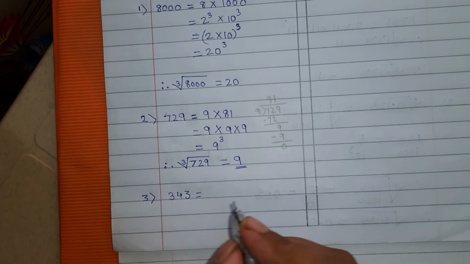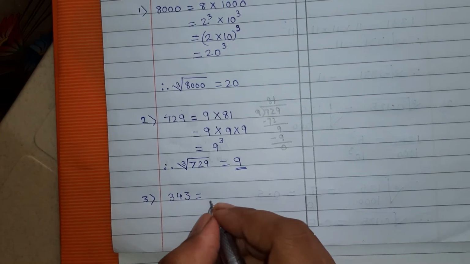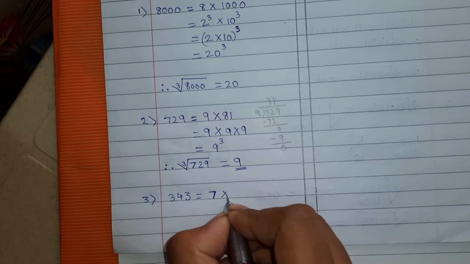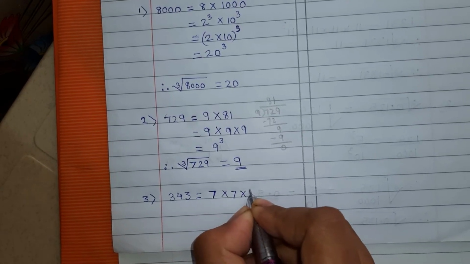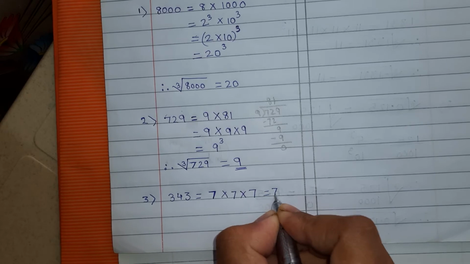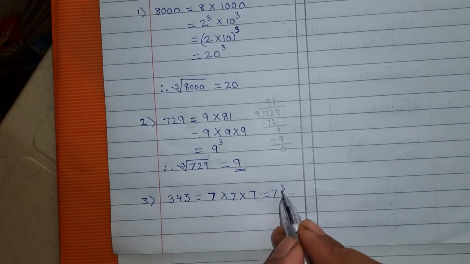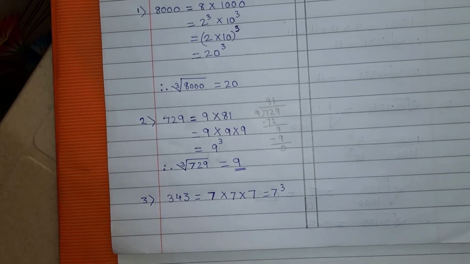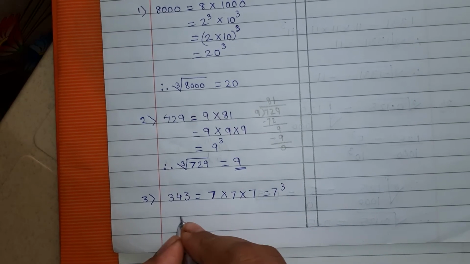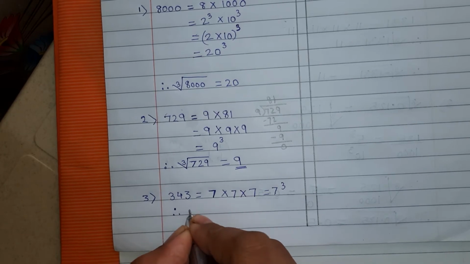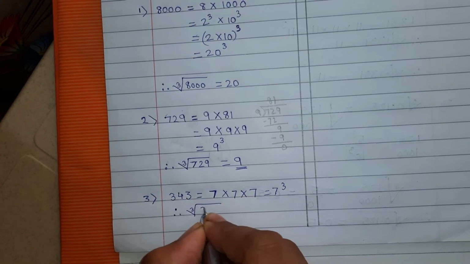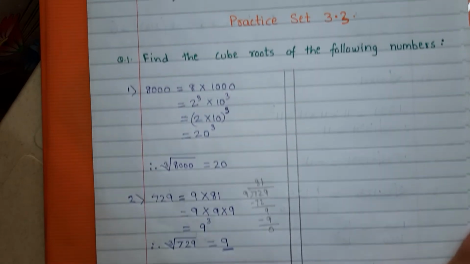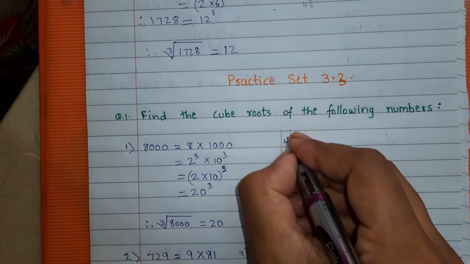So 343 is divisible by 7 only. So directly we will take 7 into 7 into 7. That is 7 cube. 343 is the cube of 7. This you have to learn, that 343 is the cube of 7. Therefore, cube root of 343 is 7.